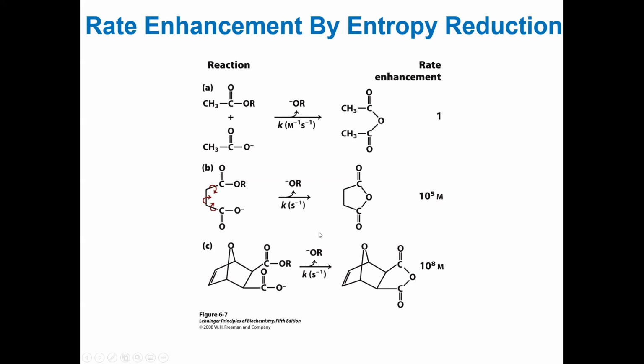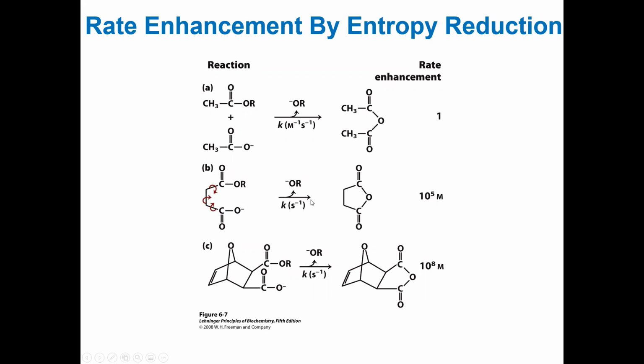So when you see a rate enhancement of 10 to the power 5 molar here, it usually means that if the reacting functional groups were present at 1 molar concentration, then these two reacting groups would behave as if they were present at a concentration of 10 to the power 5 molar.